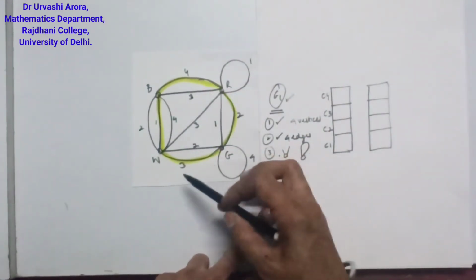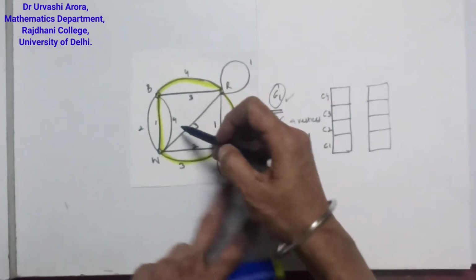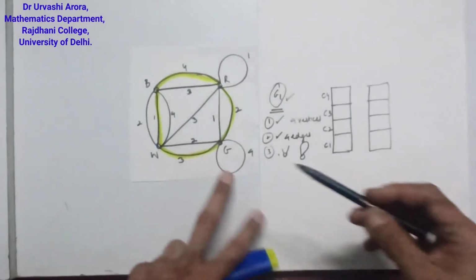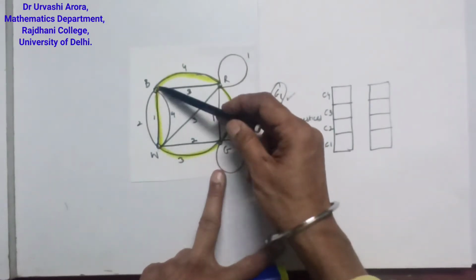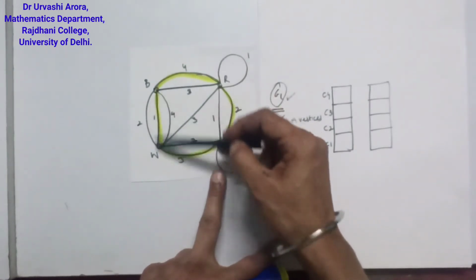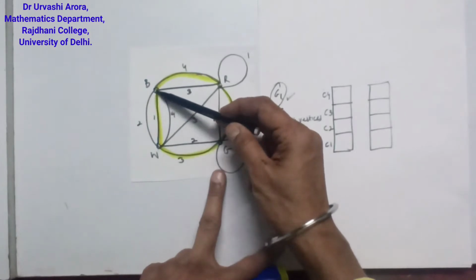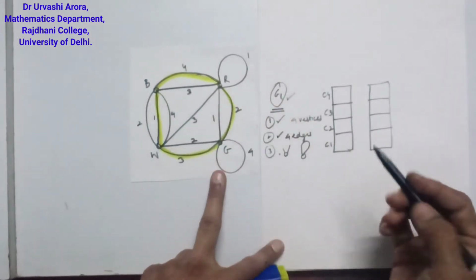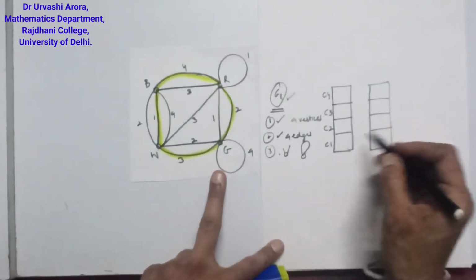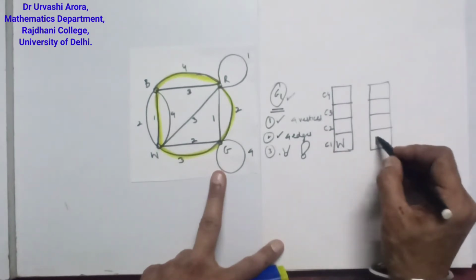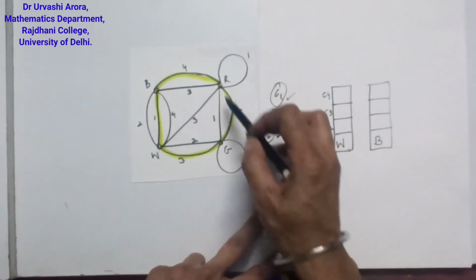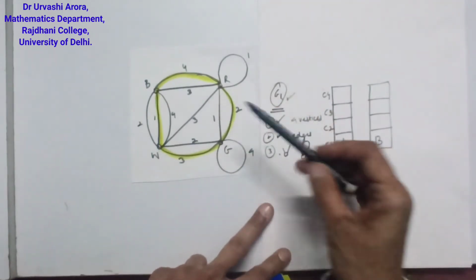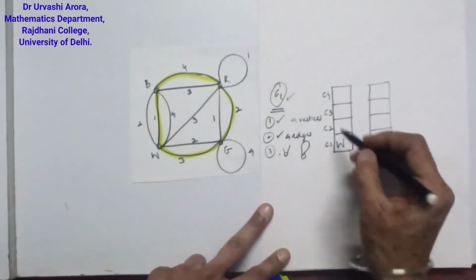For example, let's say I pick up this edge which is in cube 1. The end vertices of this edge are opposite faces in cube 1, which is B and W. So I can write W and B, something like this. And then in this particular edge which is in cube 2, red and green have been joined together.